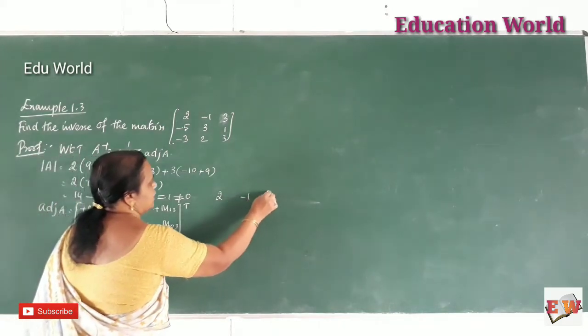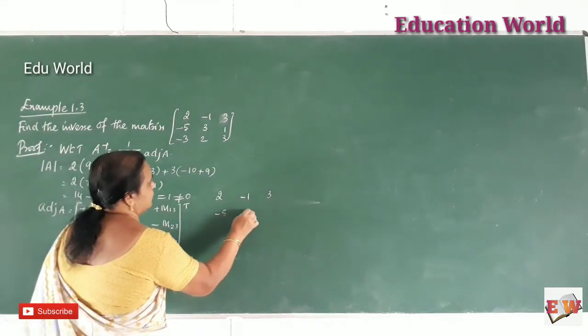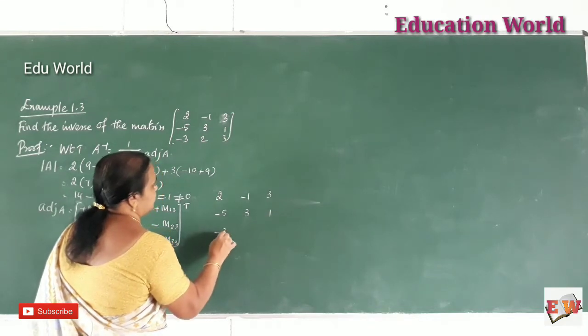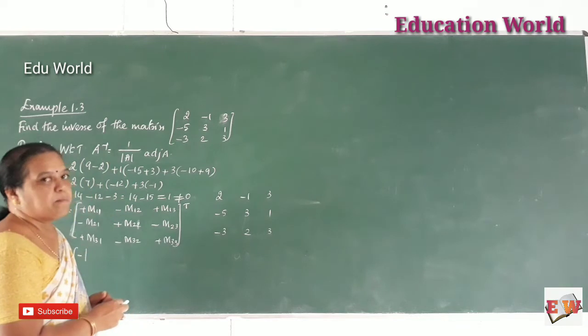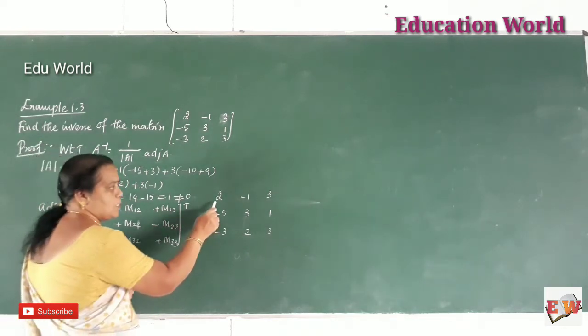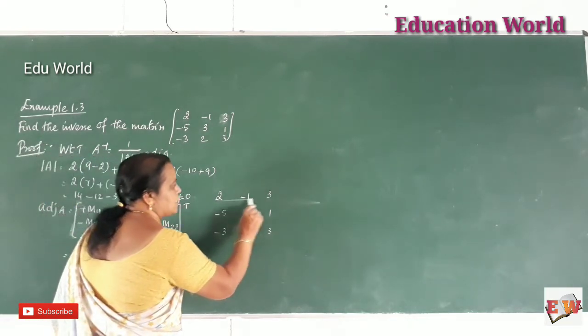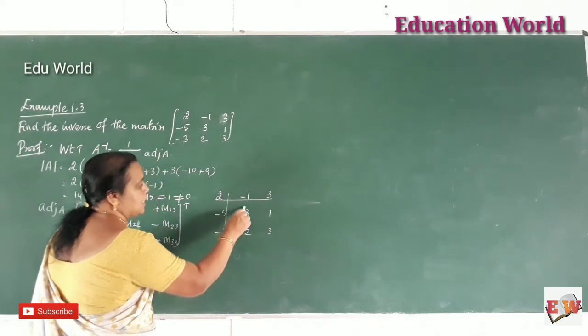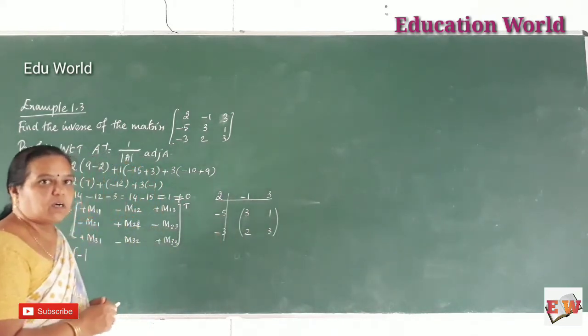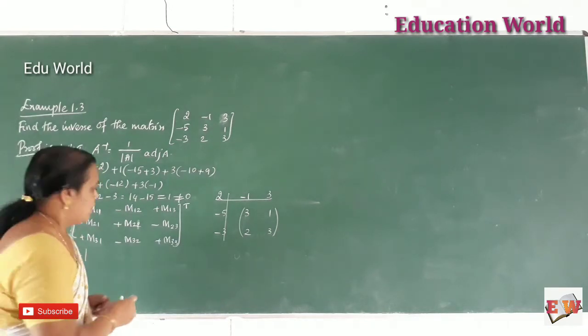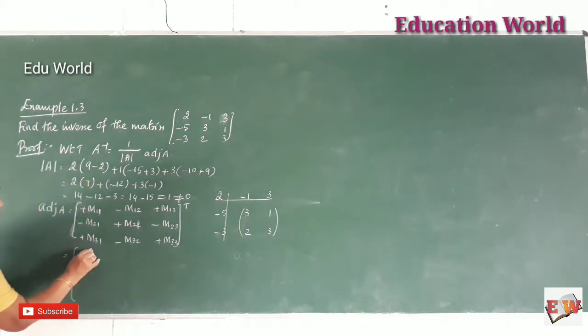2, minus 1, 3, 5, 3, 1, 2, minus 3, 2, 3. If we want to find the minor for this 2, we have to delete this row and this column. That time we get a submatrix of order n minus 1. So we write here 3, 1, 2, 3.